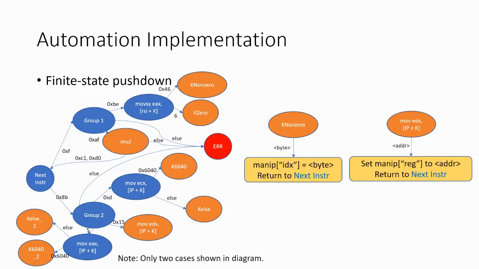For example, if we have a move SX, EAX, RSI plus some non-zero constant, then what we're going to do is read that constant, which is present as an immediate byte, and then store that into a memory location before we emit it out. The time when we print the high-level instruction is when we have that move back into that memory location. That's not pictured here, but essentially that's what it does.